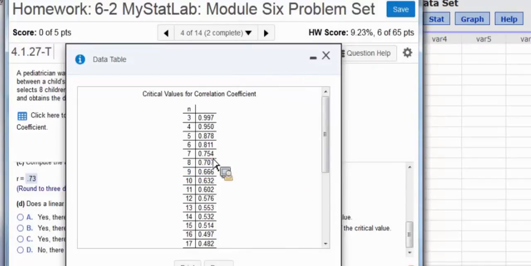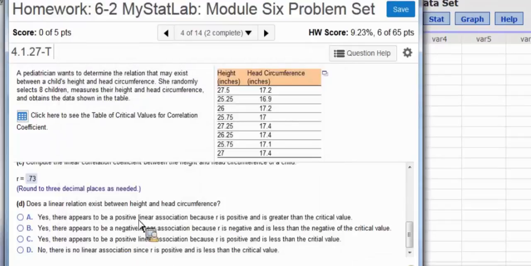This is the classical method for hypothesis tests. Anything higher than 0.707 or lower than minus 0.707 is significant. So here we're higher, so yes, there is a positive association because R is positive and greater than the critical value.